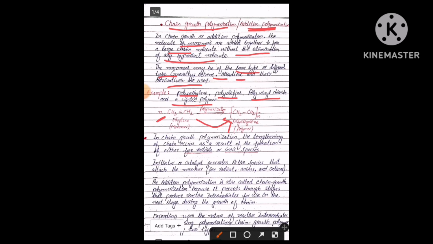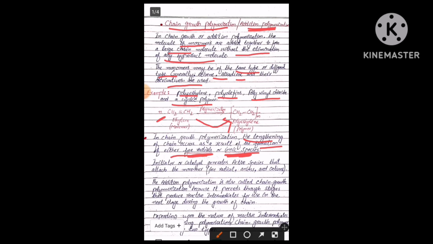In chain growth polymerization, the lengthening of the chain occurs as a result of the formation of either free radical or ionic species. This is important, students. Chain growth polymerization proceeds either by a free radical mechanism or an ionic mechanism.